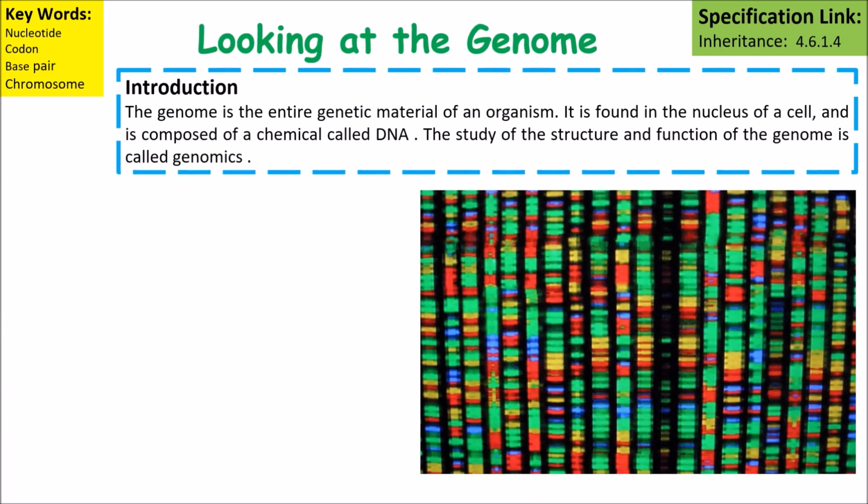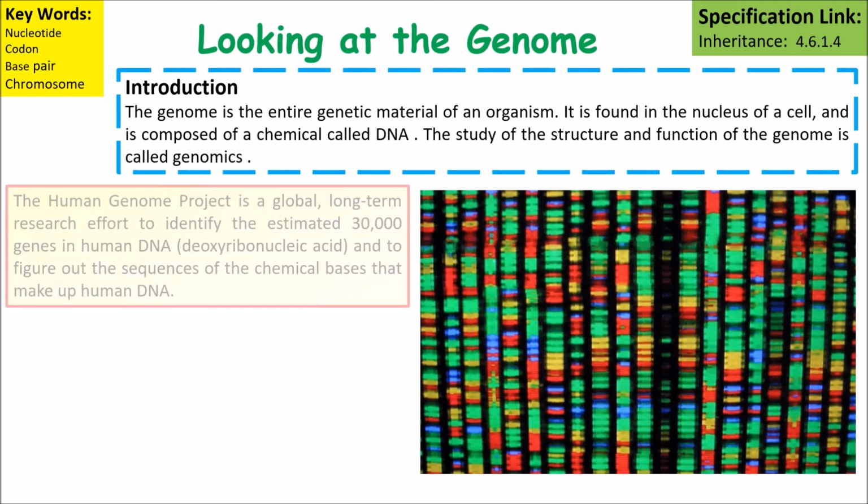The genome is the entire genetic material of an organism. It is found in the nucleus of a cell and is composed of a chemical called DNA, like we've seen. A study of the structure and function of the genome is called genomics.